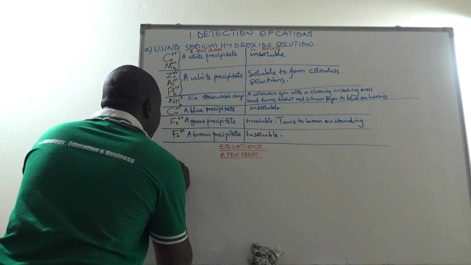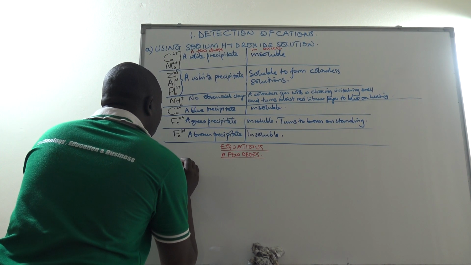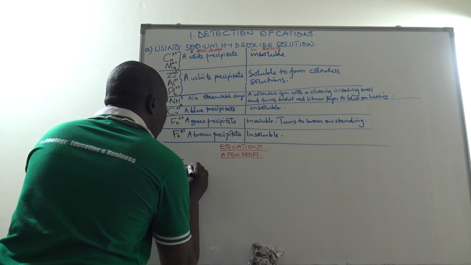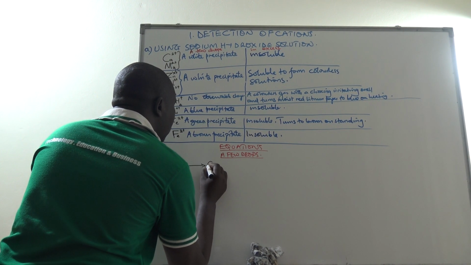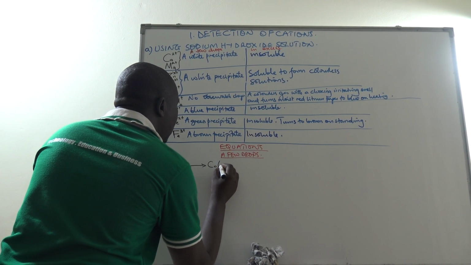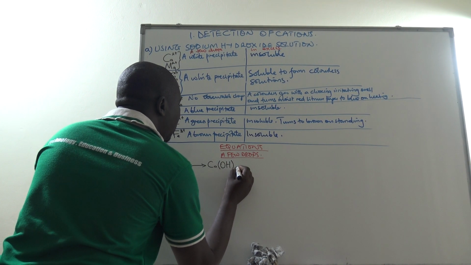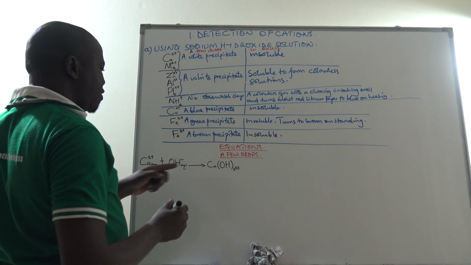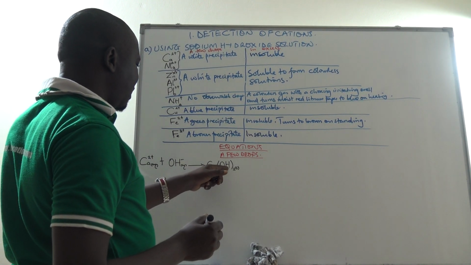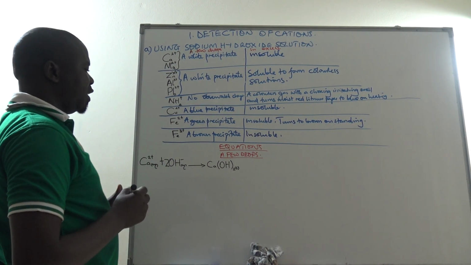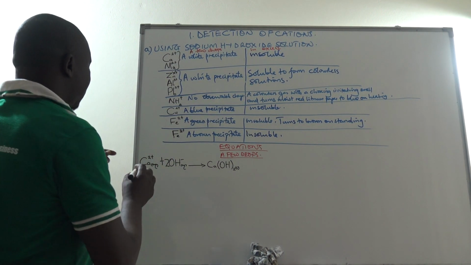So it reacts with the hydroxide ion of sodium hydroxide to produce calcium hydroxide. And then we balance the equation. We have got 2 hydroxide ions here, and we multiply hydroxide ion by 2. That is for calcium ion.